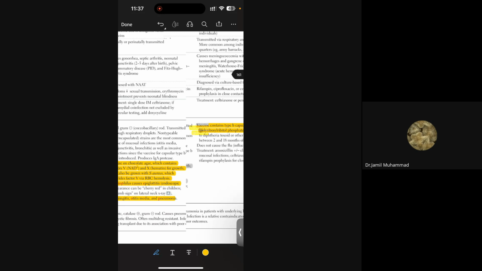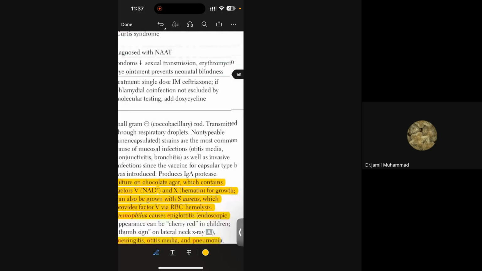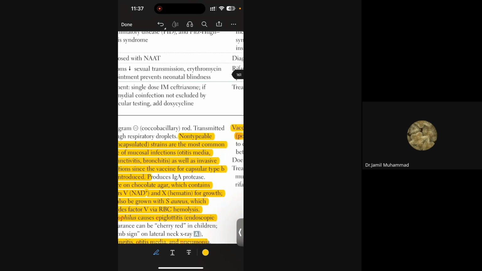Usually we use a vaccine against Haemophilus influenzae. Non-typable unencapsulated strains are the most common cause of mucosal infection as well as invasive infection since the capsular type b vaccine was introduced.